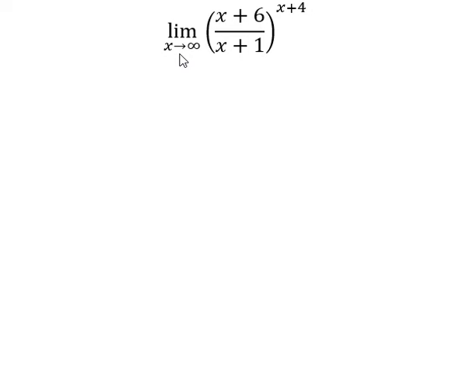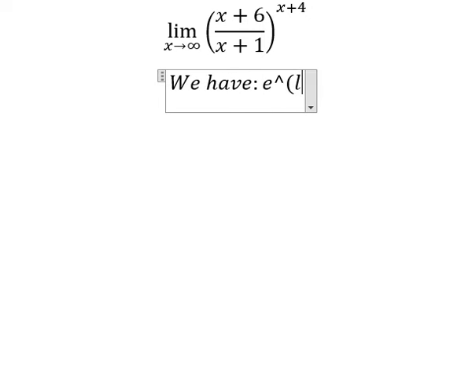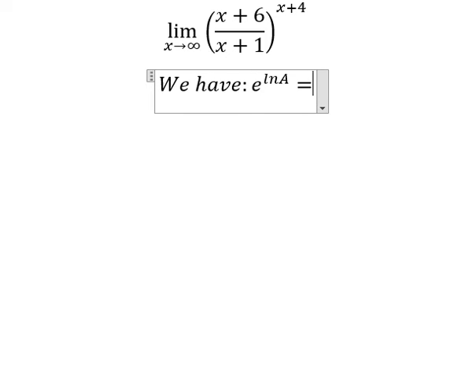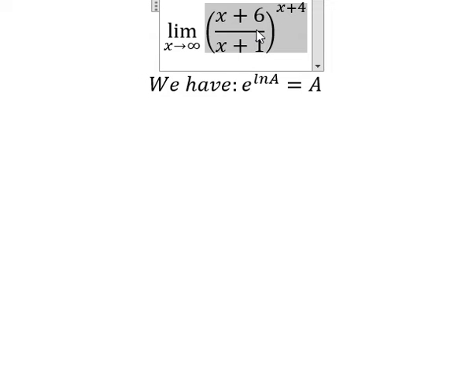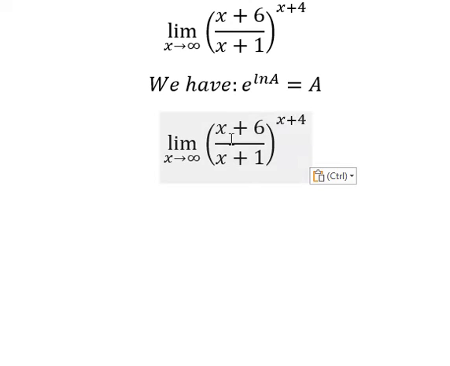So now I will show you how to answer. We have the formula in here. That is about e to the power of ln 8 equals capital A. Capital A, that is about this one. Now we need to transform this one into this one.